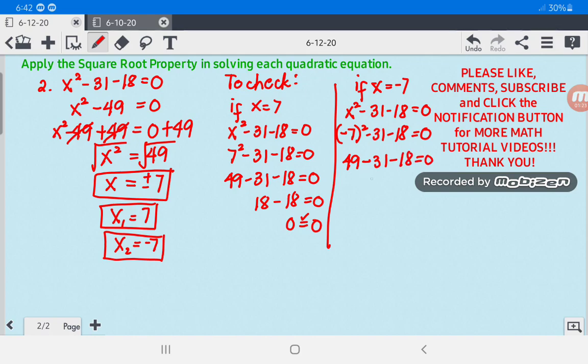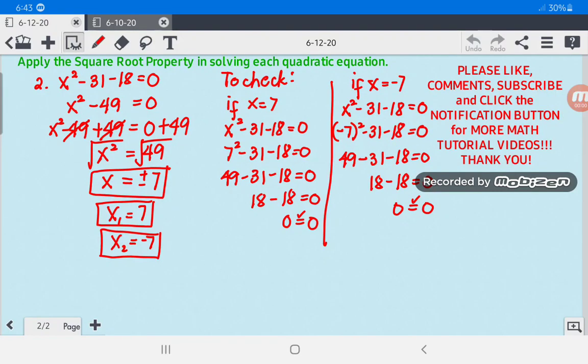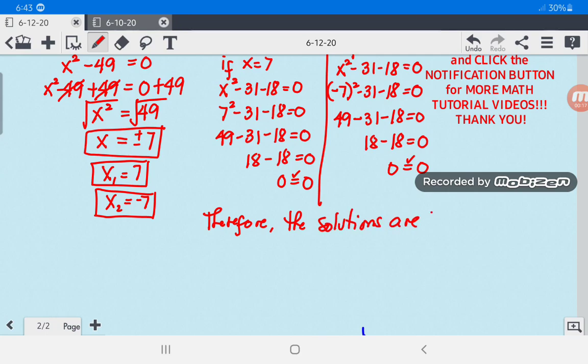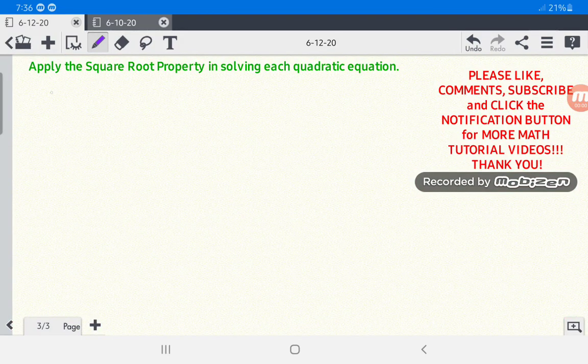So same, 49 minus 31, that is 18. Minus 18 equals 0. So 18 minus 18, that is 0, equals 0. Check again. Since both values of x satisfy the given equation, therefore we can say that the solutions are positive 7 and negative 7.